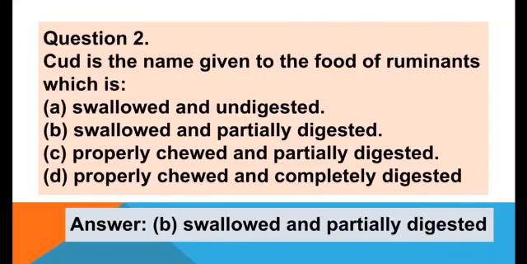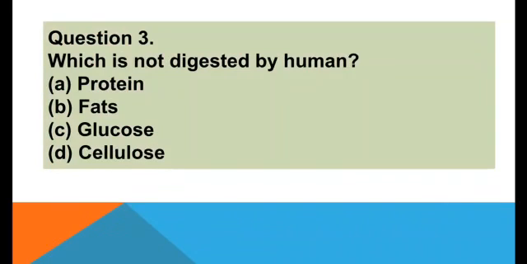In their stomach, there is a particular part called the rumen, and in the rumen there are bacteria which help to digest cellulose. So when they directly swallow the food and store it in the rumen, it is called cud. Clear?